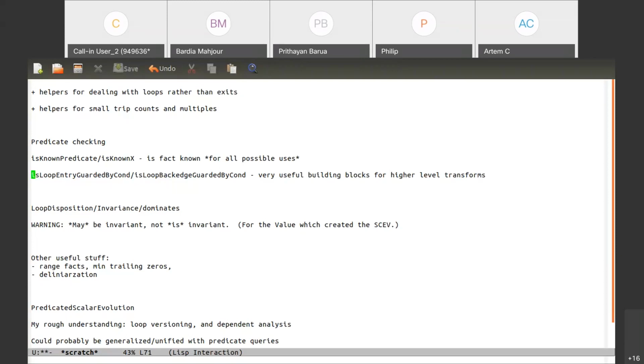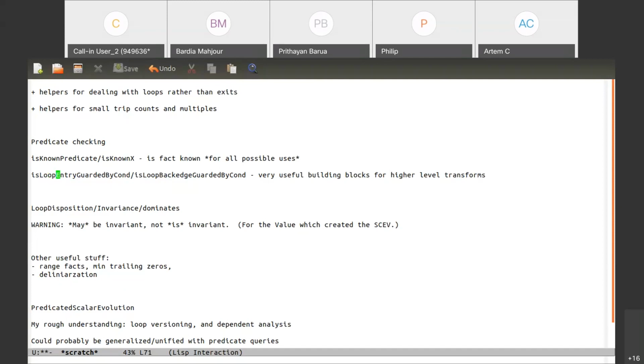The two of these together allow you to do inductive style proofs, and frequently, if you can prove one or the other, you can simplify an expression into something loop invariant. That's the fundamental basis that monotonic predicate and a lot of our make loop invariant expression stuff is based on. These are generally useful predicates for many loop transformations because, for vectorization, for instance, knowing whether something is true on entry to the loop is really useful.